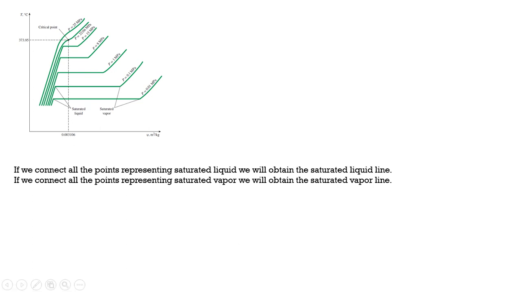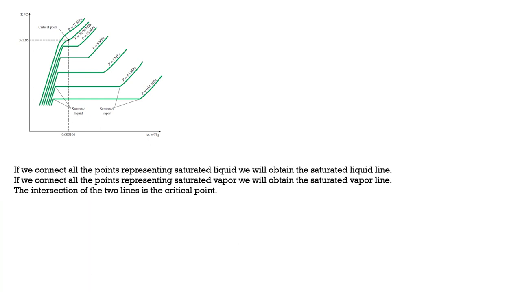So, this is the saturated liquid point. If you connect all the saturated liquid points, you get a curve called the saturation liquid line. If you connect all the saturated vapor points on the right-hand side, you get the saturation vapor line. The intersection of these two lines is called the critical point.